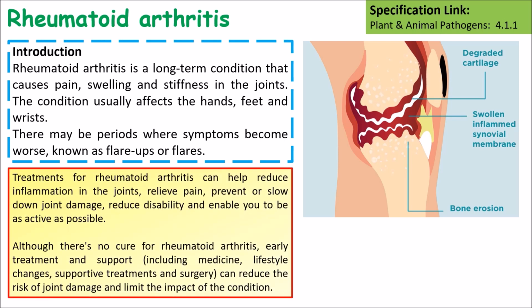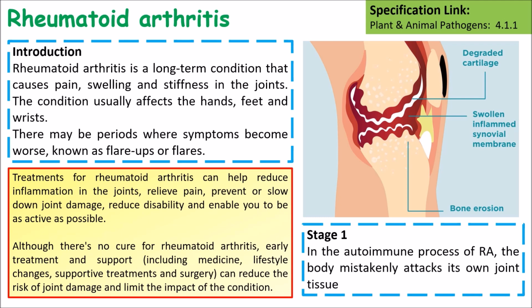Treatments for rheumatoid arthritis can help reduce inflammation in the joints, relieve pain, prevent or slow down joint damage and reduce disability and enable you to be as active as possible. There's no cure for rheumatoid arthritis, however, early treatment and support can reduce the risk of joint damage and limit the impact of the condition.